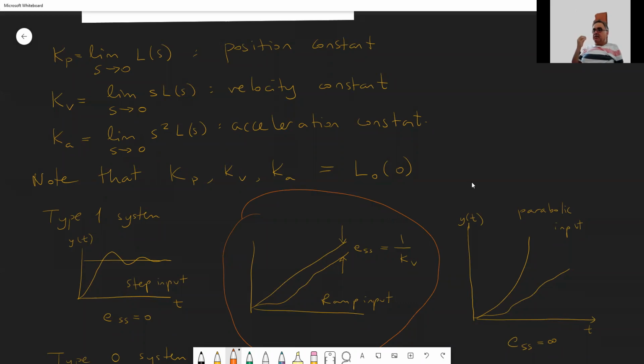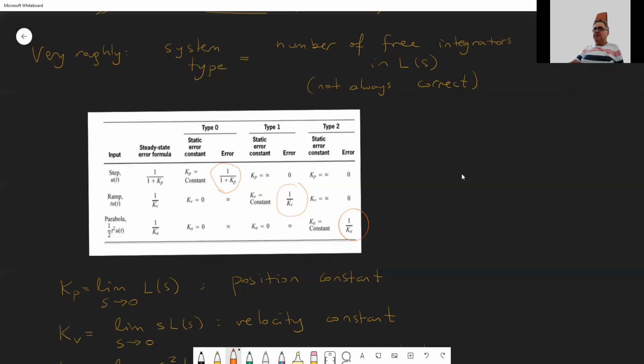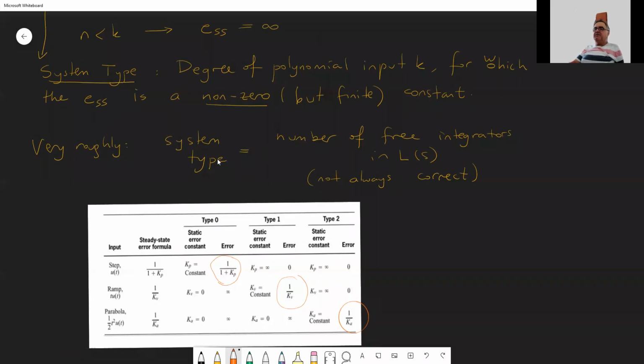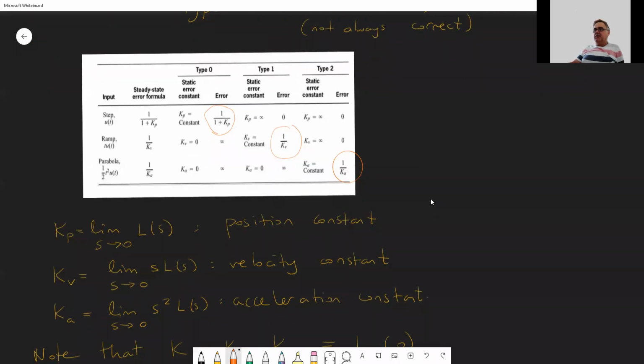Secondly, the important thing for us to remember is that very roughly the system type is equal to the number of pre-integrators in L(s).